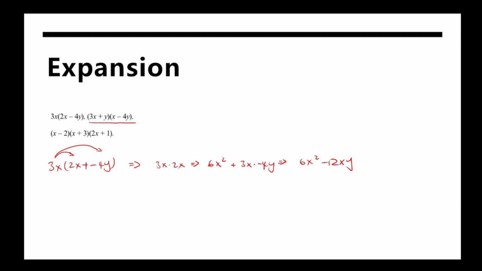Now, if you have two terms in bracket form that can't combine into one, you just split it and multiply. So (3x plus y) times (x minus 4y).